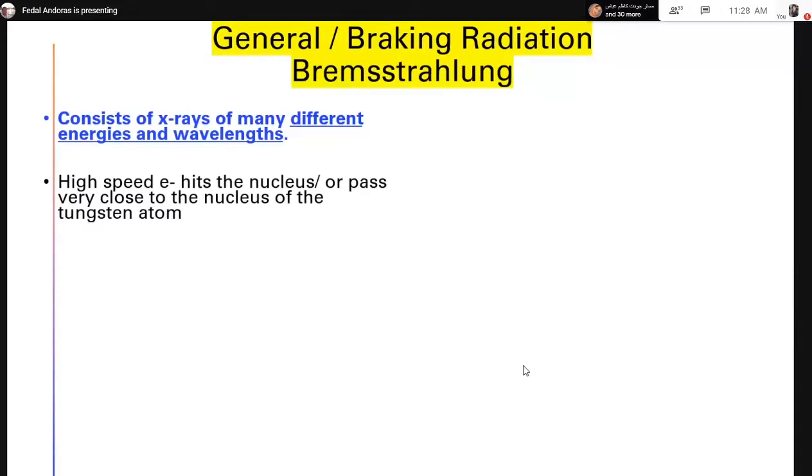A high-speed electron hits the nucleus or passes very close to the nucleus of the tungsten atom. The electron coming from the cathode will hit the nucleus directly or go very close to it, which is very rare. But if it happens, general or breaking radiation will occur.